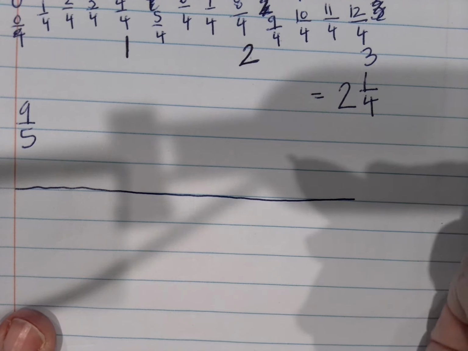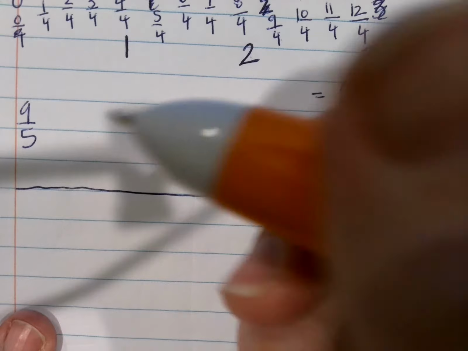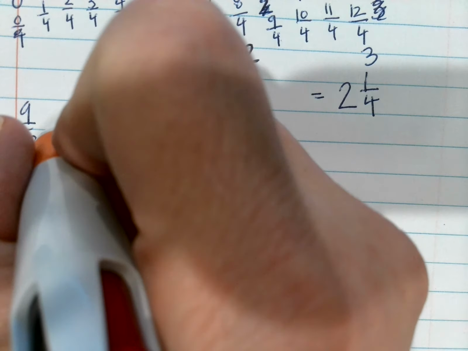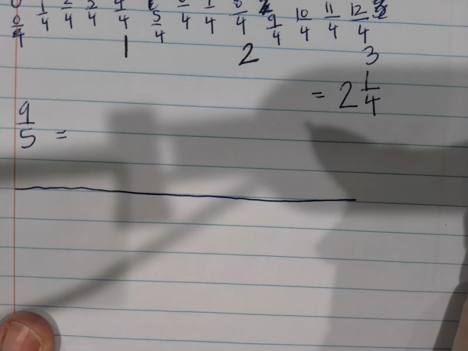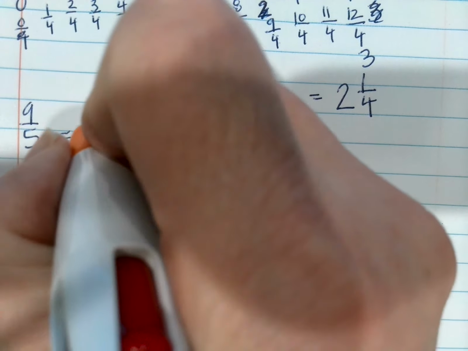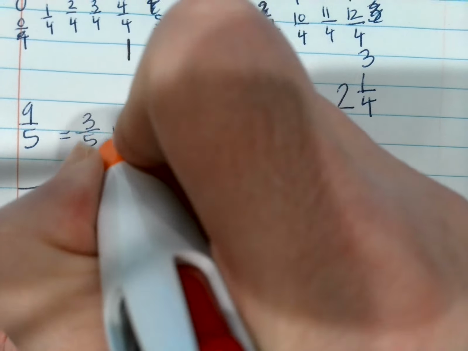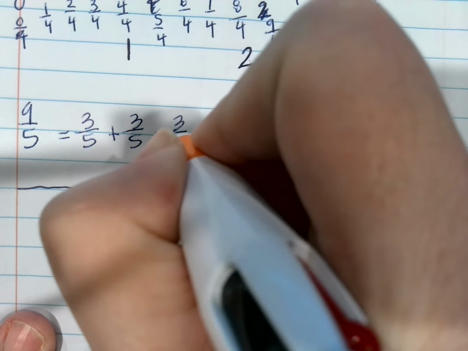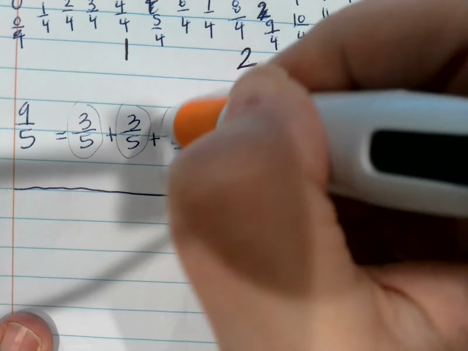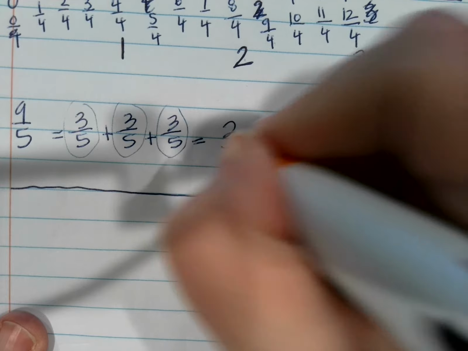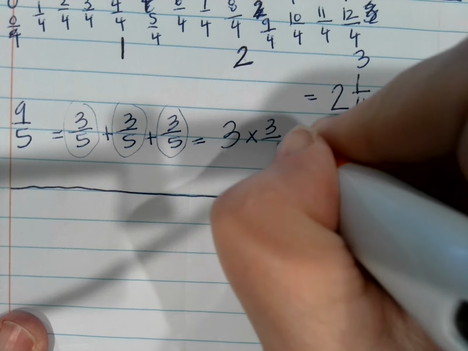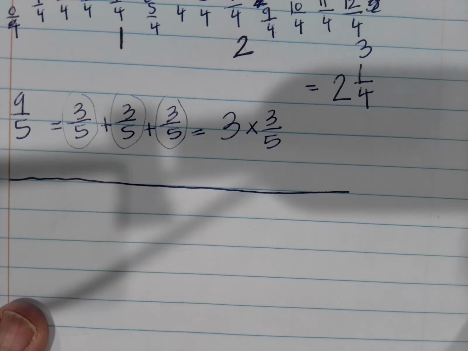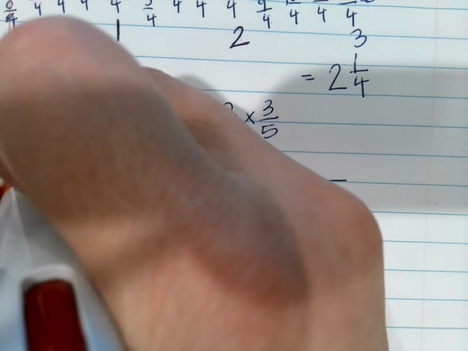Okay. So if we were to write this out as equal parts, 3/5 plus 3/5 plus 3/5. Okay, how many groups do we have? We have 3 groups, and each group is 3/5. Okay, so let's see.